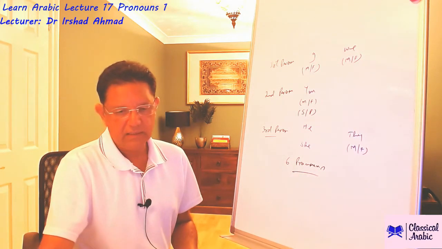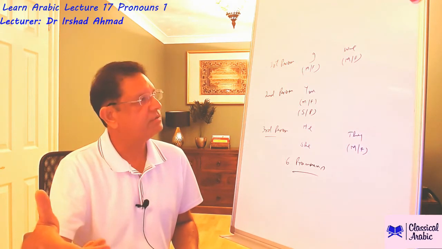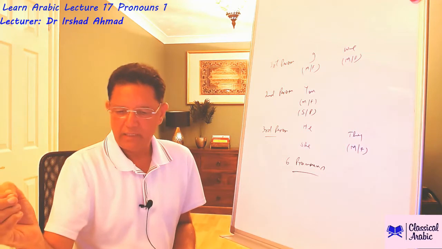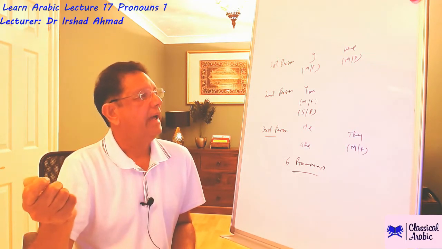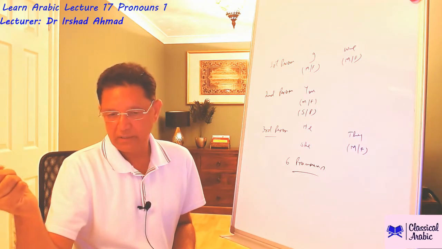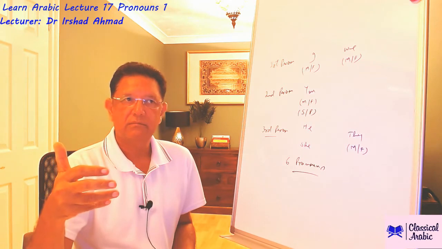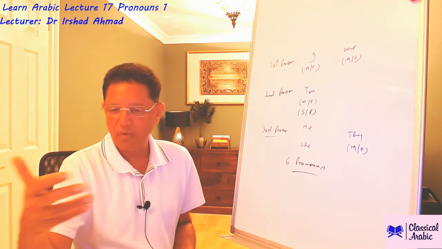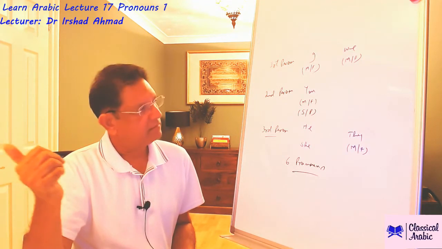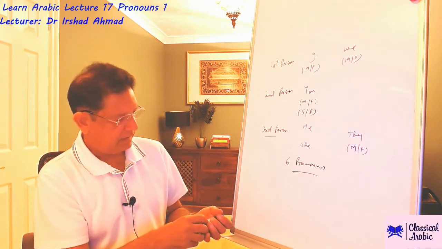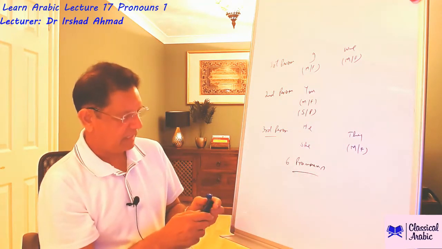So that's English. What about Arabic? How many pronouns do we have in Arabic? Remember, in Arabic we have dual as well, and not only that, we have masculine and feminine for all pronouns in Arabic. In English, for example, he or she could be for inanimate objects.